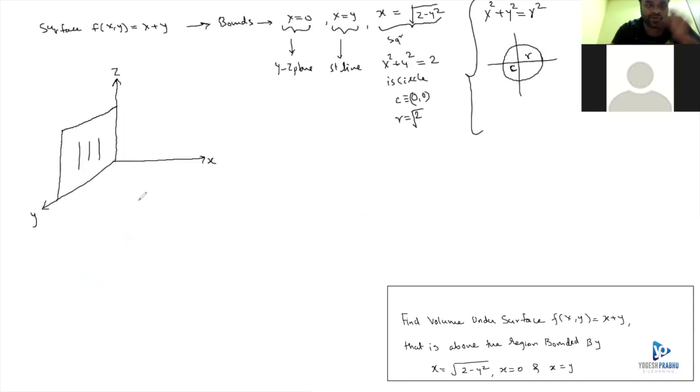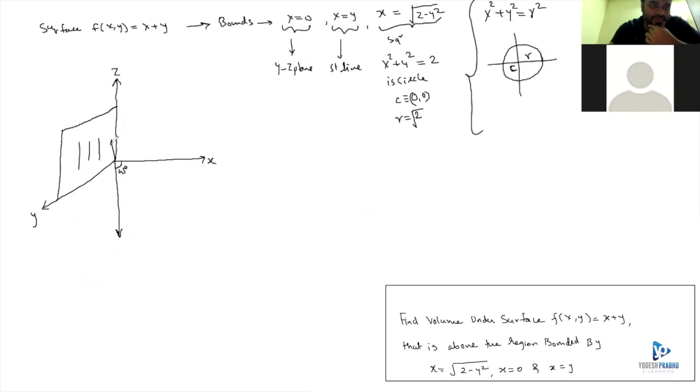Now, what is going to be x equals y? Straight line, a 45-degree line. That makes a 45-degree angle with the x-axis. That's that. And what is x square plus y square equals 2?